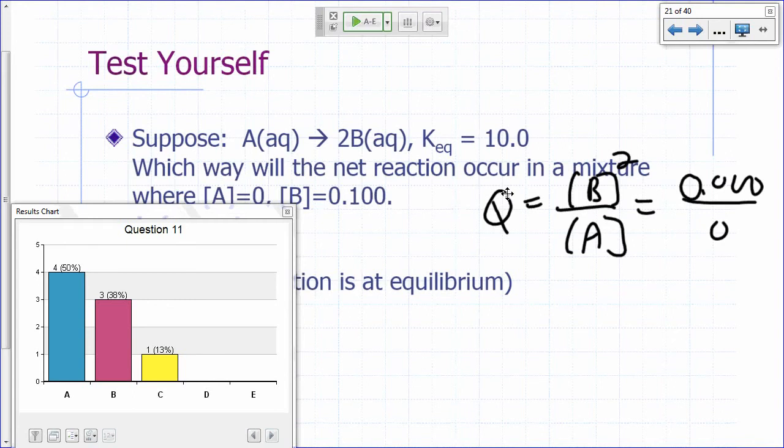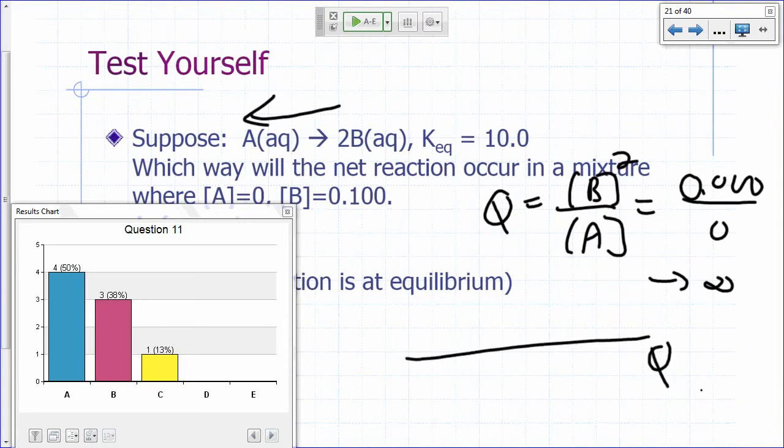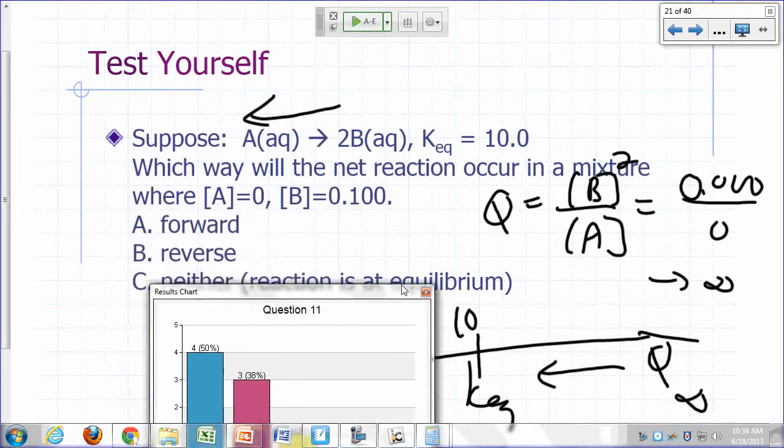Divide by a smaller number, you make Q very big, right? In fact, this approaches infinity. So the only way for the reaction to go is to the left. If Q is very large, over here at infinity, and KEQ is down here at 10. So the correct answer is reverse.